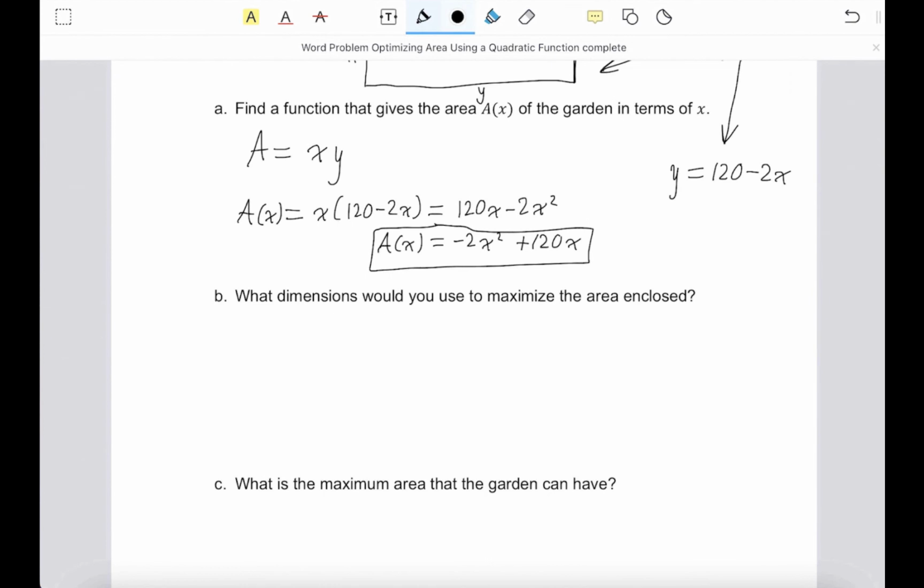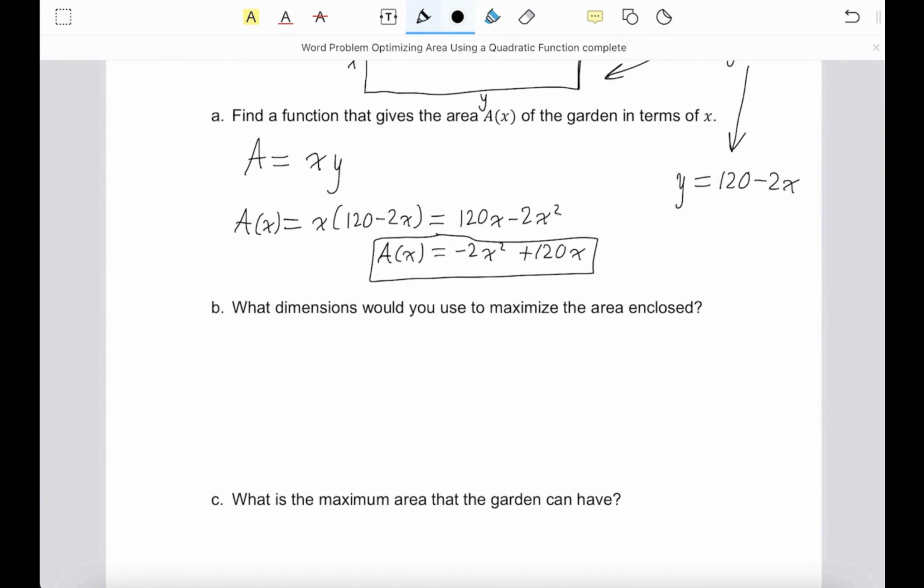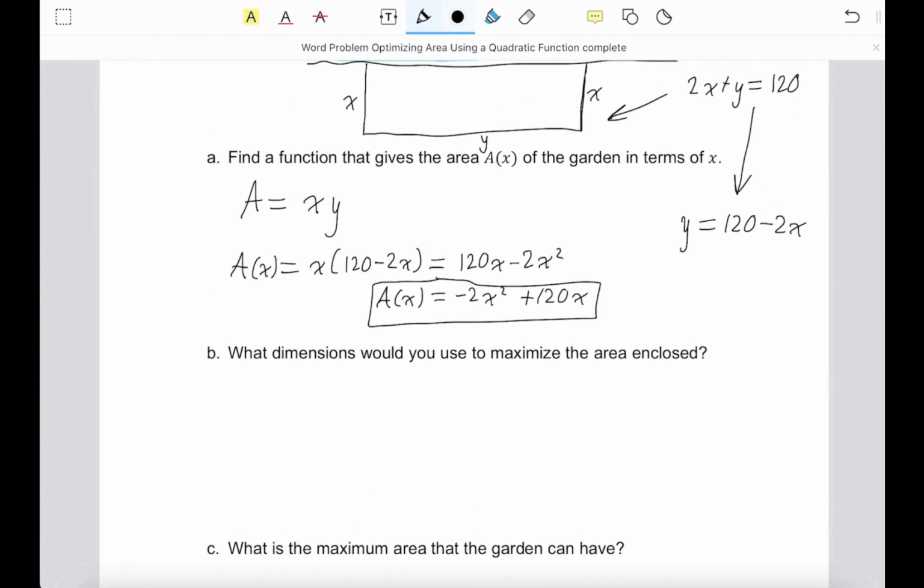Okay, now it's asking what dimensions would I use to maximize the area. I can maximize this quadratic by looking at its vertex. So the opposite of b, which is 120, divided by 2 times a. This is giving me negative 120 divided by negative 4.